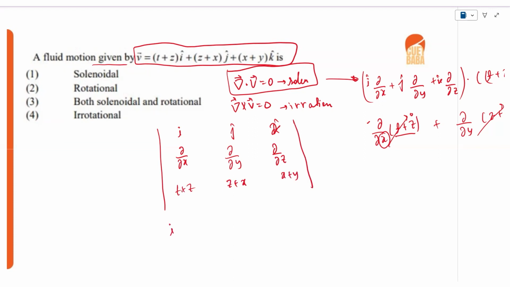So for i cap, this will get cancelled out. So we will get del by del y of (x plus y) minus del by del z of (z plus x), right?